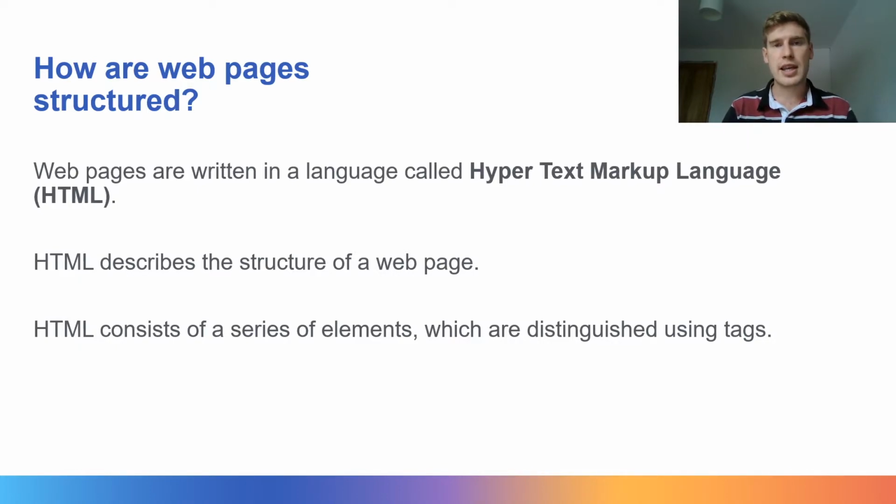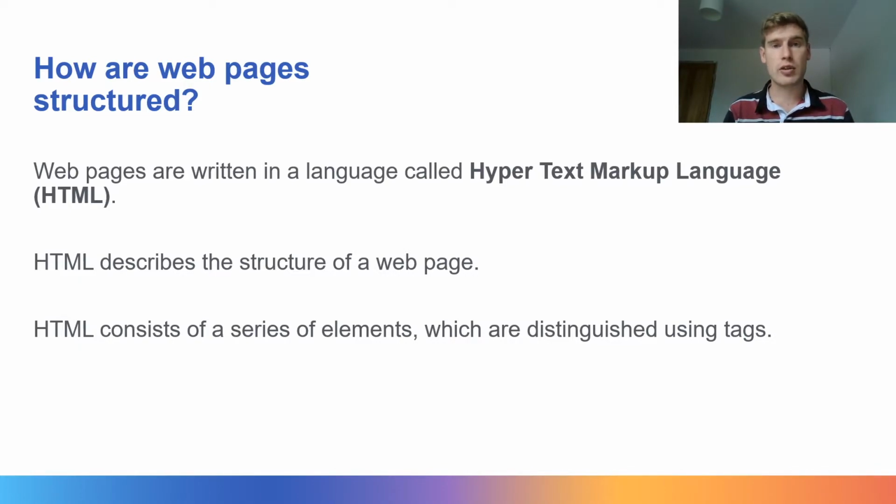So those elements then are distinguished by tags. So if there's a table element in a web page, very helpfully, the table element is identified by the table tag. Again, very simple to work with. If there's a list and the list is ordered, from 1, 2, 3, that'll be identified by the OL tag, ordered list tag.